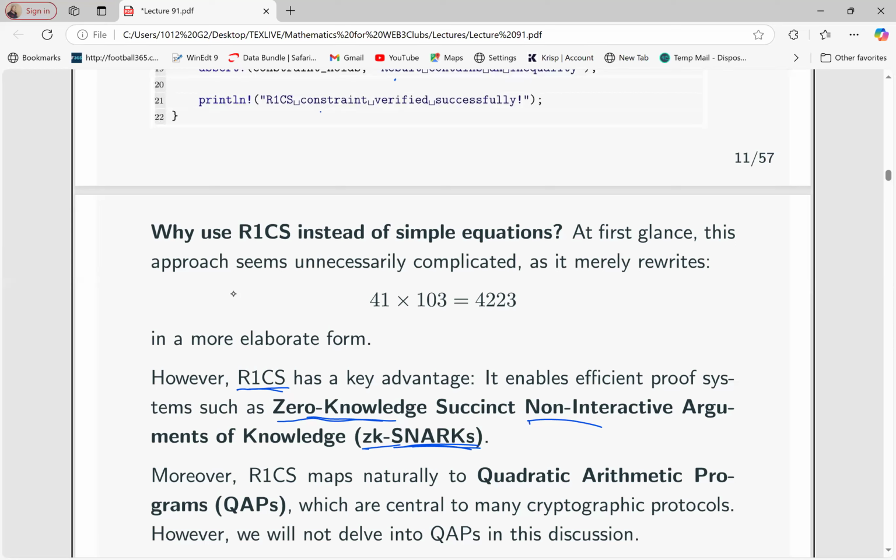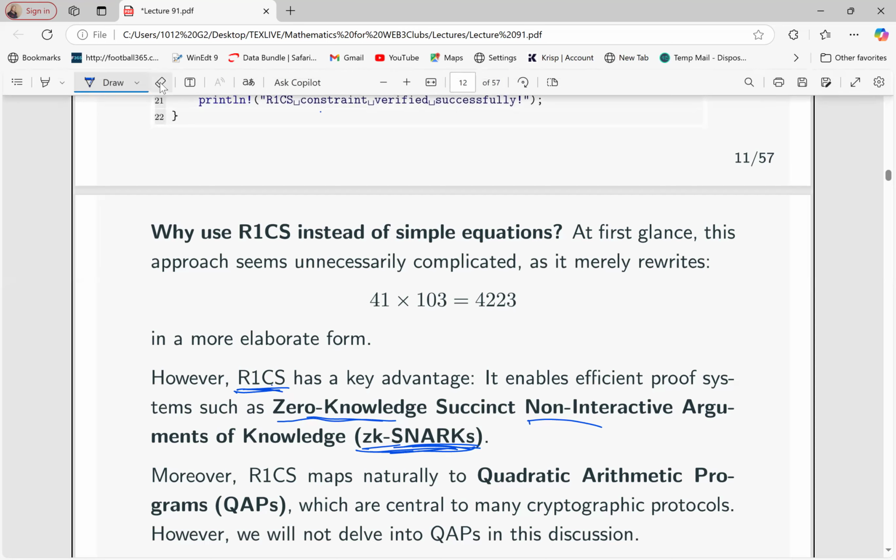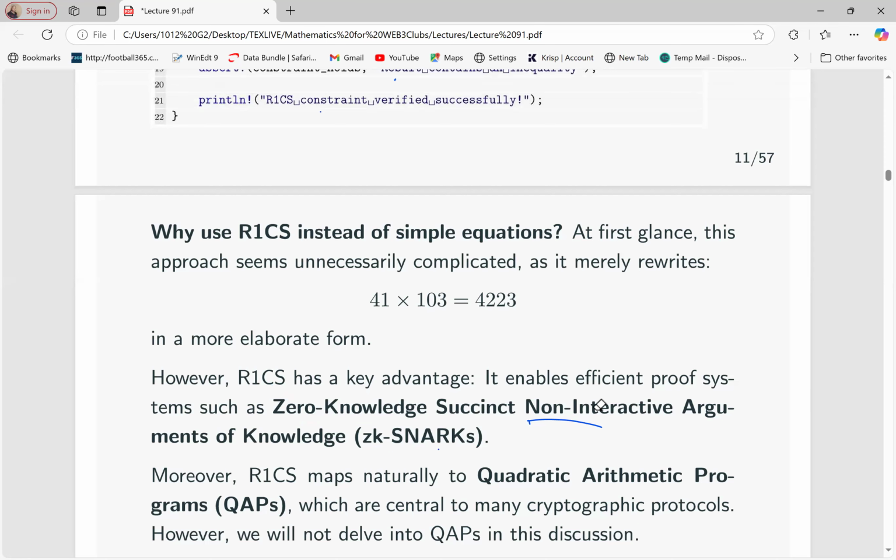So we shall be seeing how these rank 1 constraint systems are then implemented in zk-SNARKs. That is in our next topic. So that is why it's important to understand it.